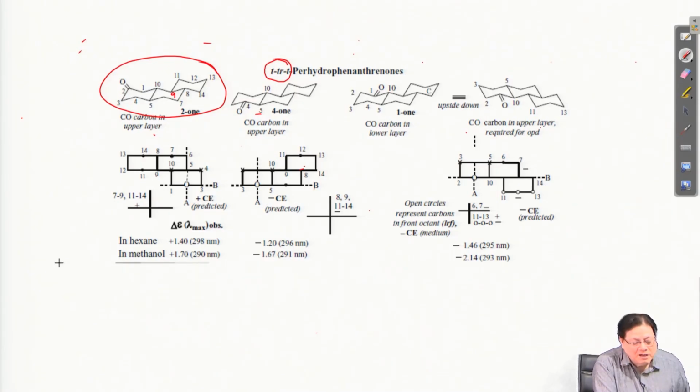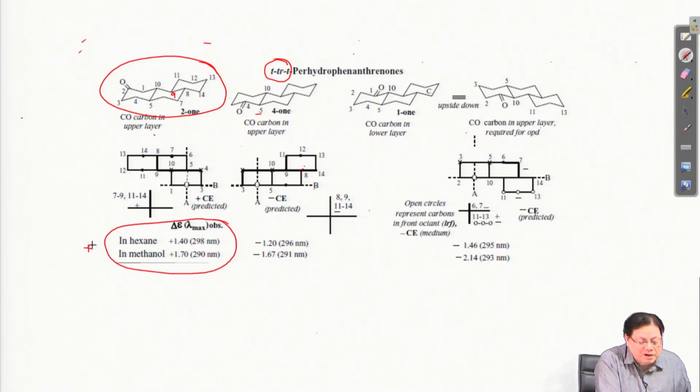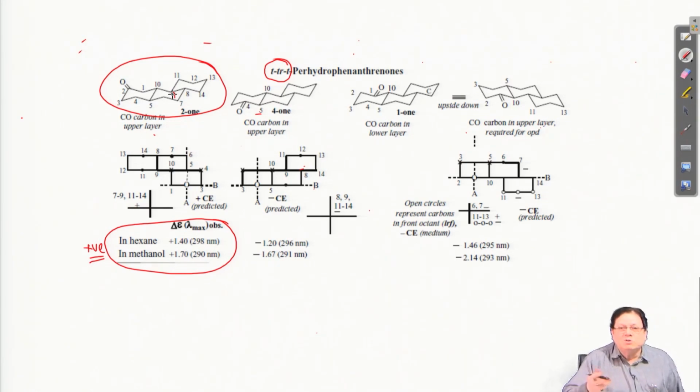Okay. Now, the sign of the Cotton effect has already been experimentally determined, that it is positive. So, if this structure is correct, suppose you have a perhydrophenanthrone, and if you want to really know whether the carbonyl is at the 1 position or at the 2 position, then determine the sign of the Cotton effect and then predict it with the help of the octant rule, and then see what was the experimental observation.